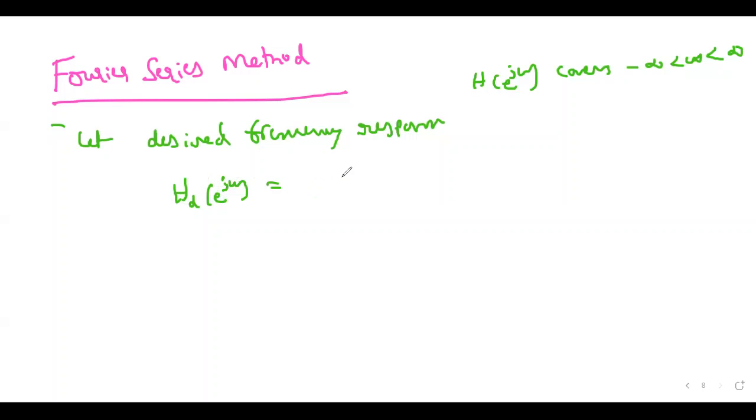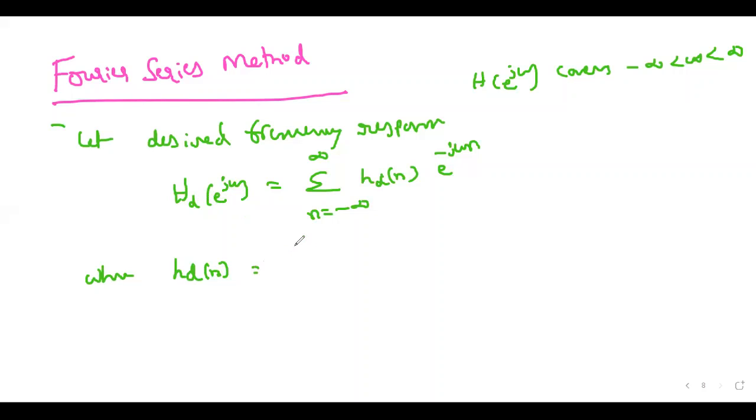By the DTFT formula, we can express this desired frequency response as summation n equal to minus infinity to infinity Hd of n into e power minus j omega n. Here n covers from minus infinity to infinity, but we need to define how many samples we need to take for getting the desired frequency response. Hd of n is calculated based on the desired frequency response.